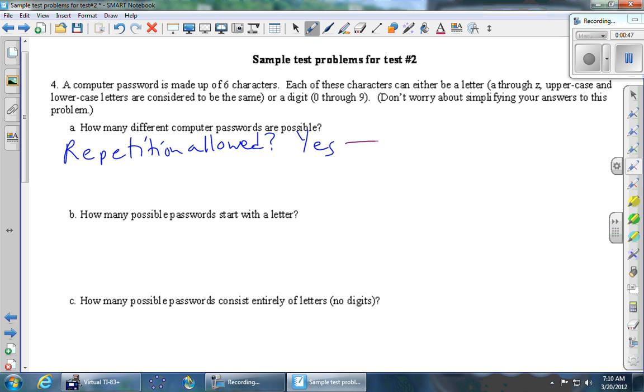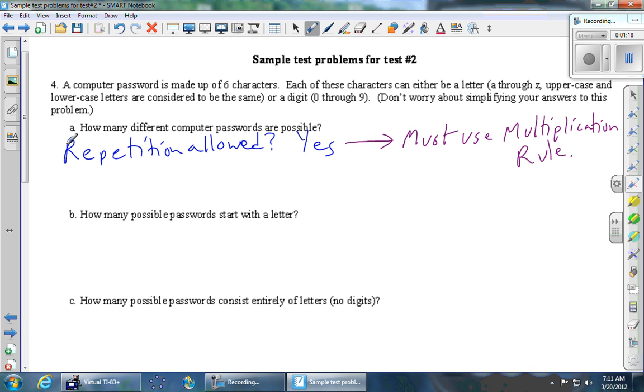And as soon as we decide that repetition is allowed, we must use the multiplication principle or the multiplication rule, as opposed to, say, using permutations or using combinations. So the first question we ask to decide how to count something is, is repetition allowed? And if the answer is yes, automatic, you have to use the multiplication rule.